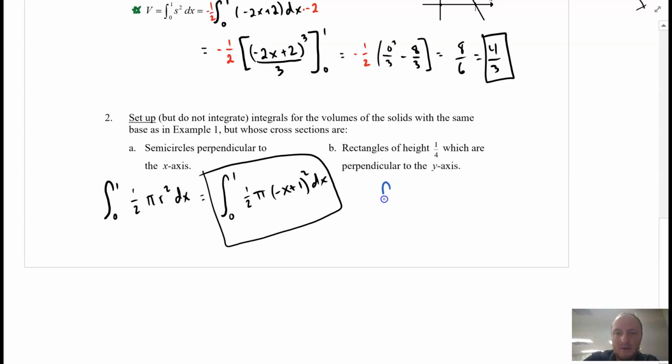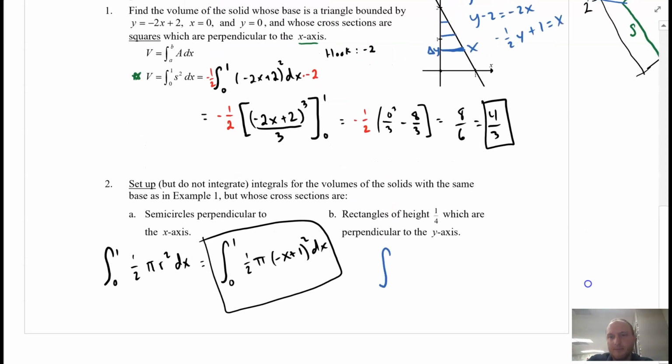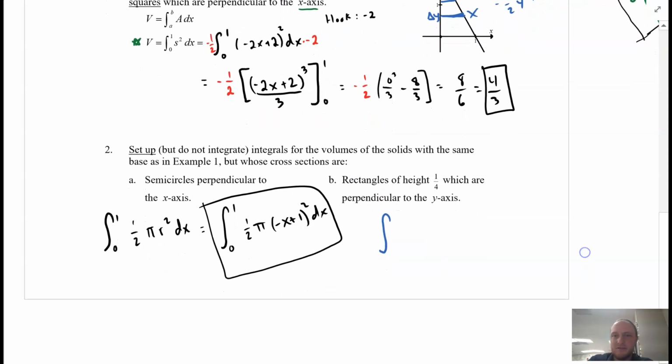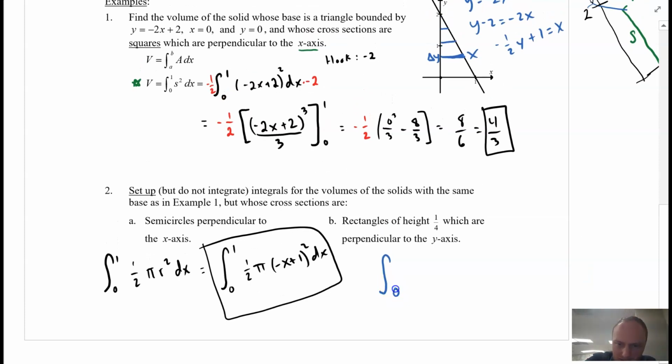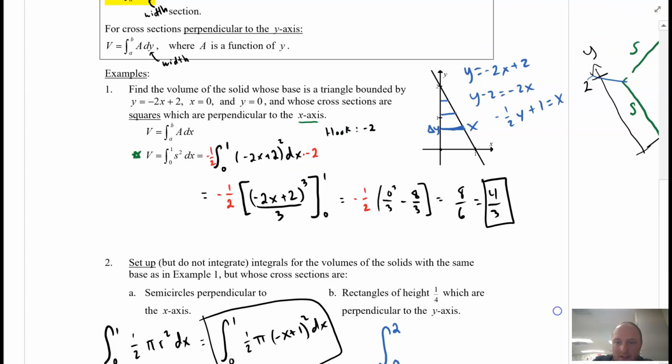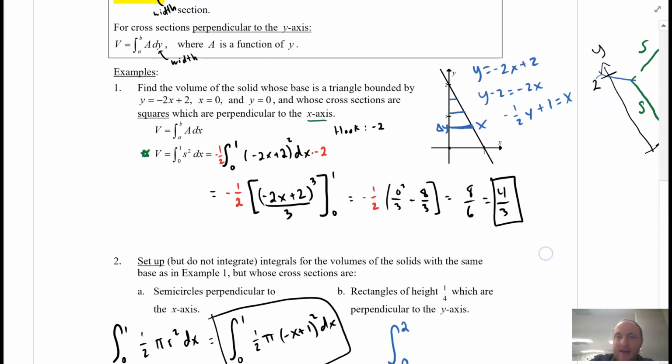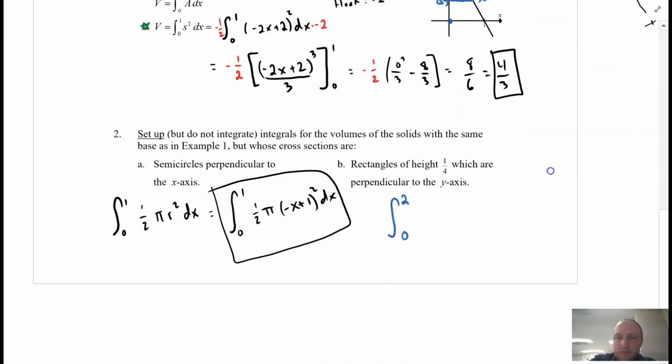So this is going to be the integral from 0 to 2. Now, why is the limit 0 to 2? Well, we're integrating with respect to y, perpendicular to the y-axis, so that is 0 to 2.